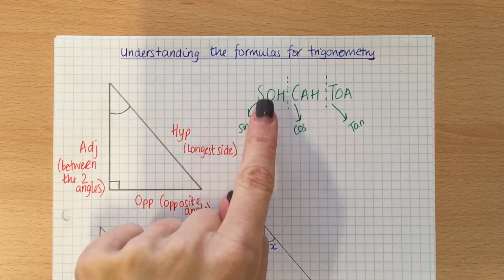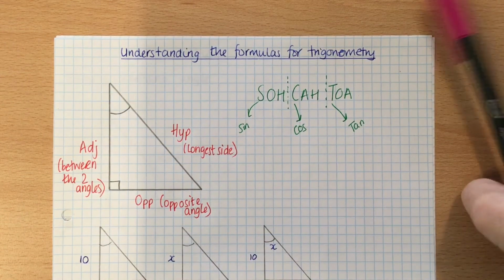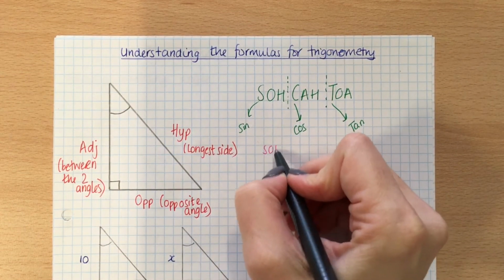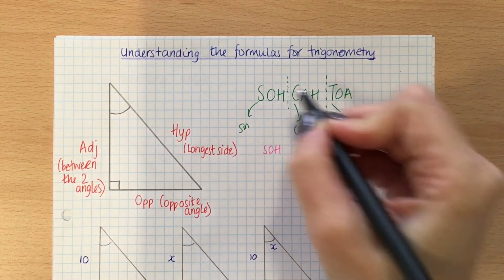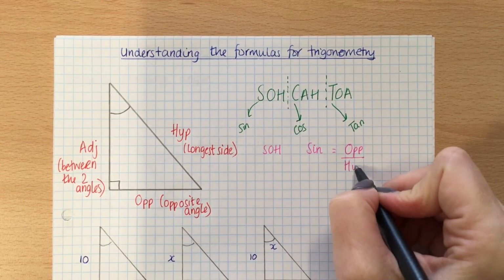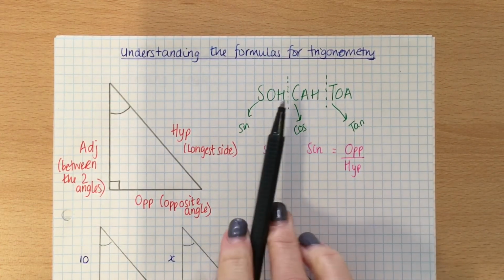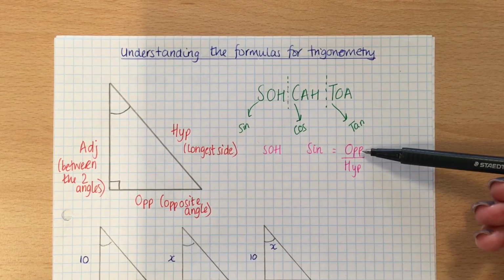Each part represents a little formula. We'll look at the first one, SOH. SOH represents sine equals opposite over hypotenuse. Whatever letter is in the middle is the one that's on top of the fraction.